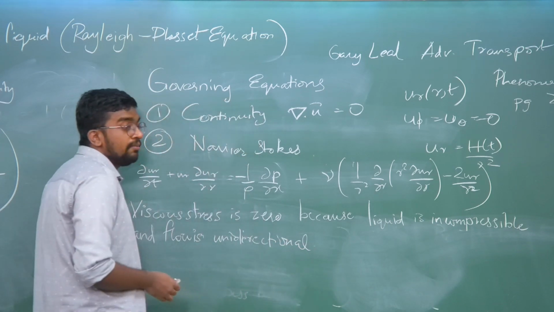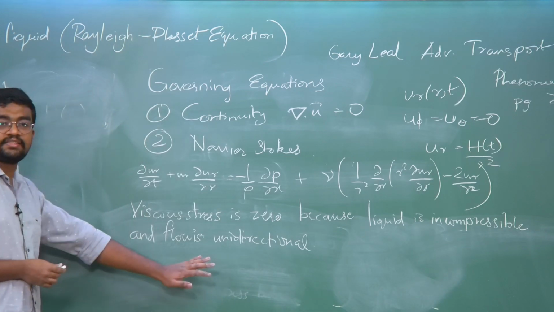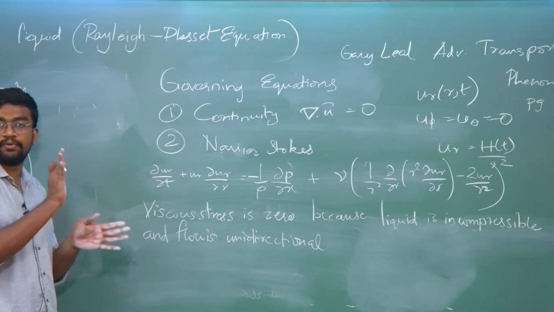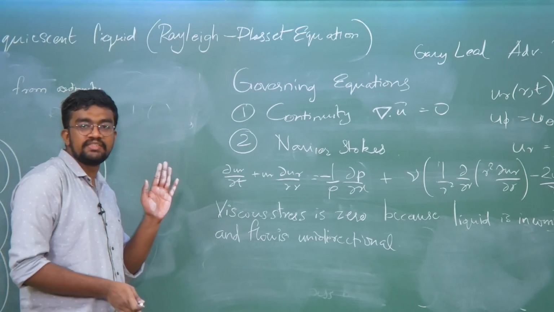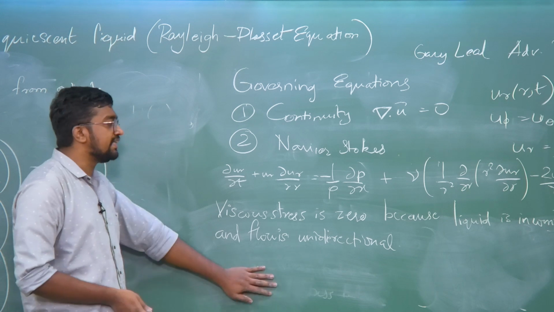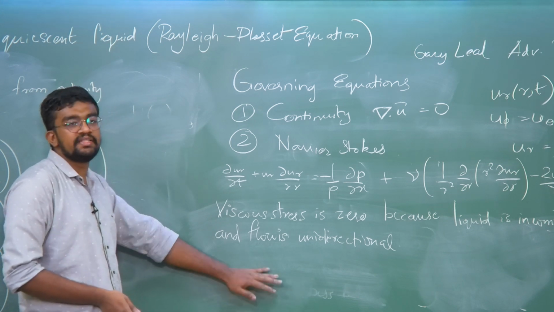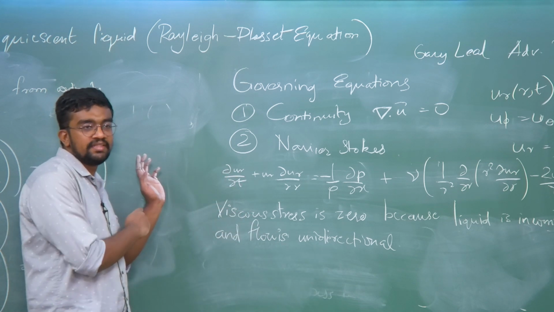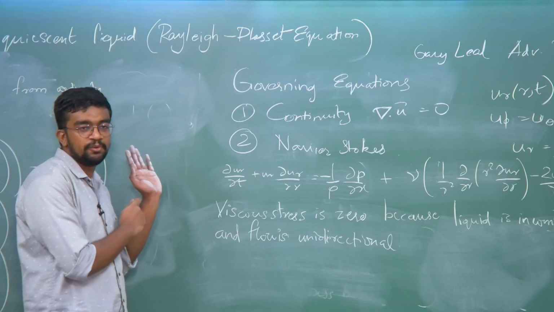The characteristic of unidirectional flow is that it flows only radially, or the flow is irrotational. Irrotational and incompressible flow translates into the viscous stress being 0.